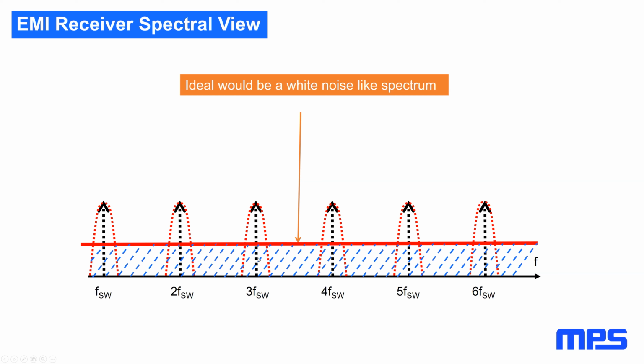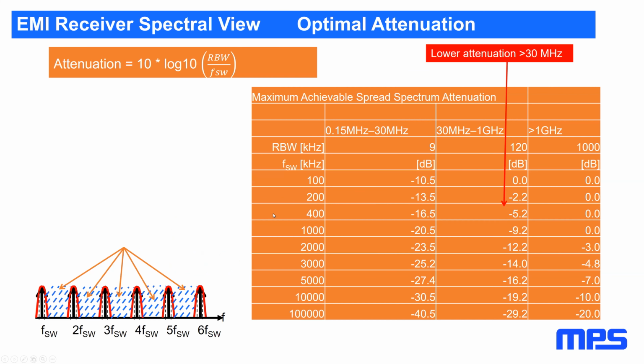Since we now know the area of these spurs and also the area in between, we can immediately say what the maximum attenuation is that a perfect white-noise-style spread spectrum can provide. For the 9 kilohertz resolution bandwidth, at 400 kilohertz switching frequency, the maximum attenuation a perfect spread spectrum could provide would be 60.5 dB.